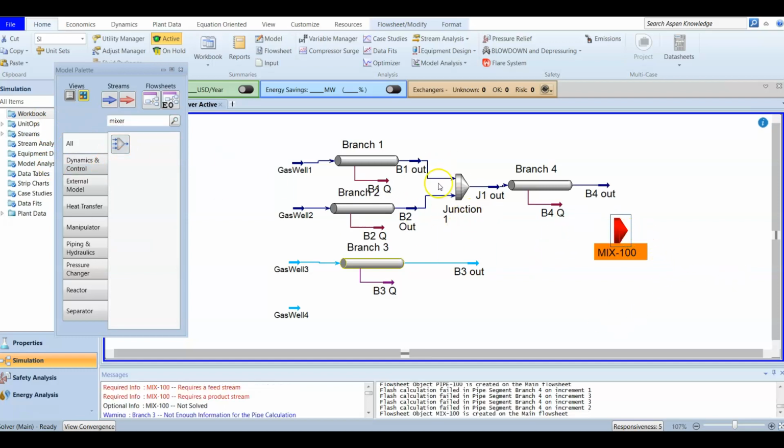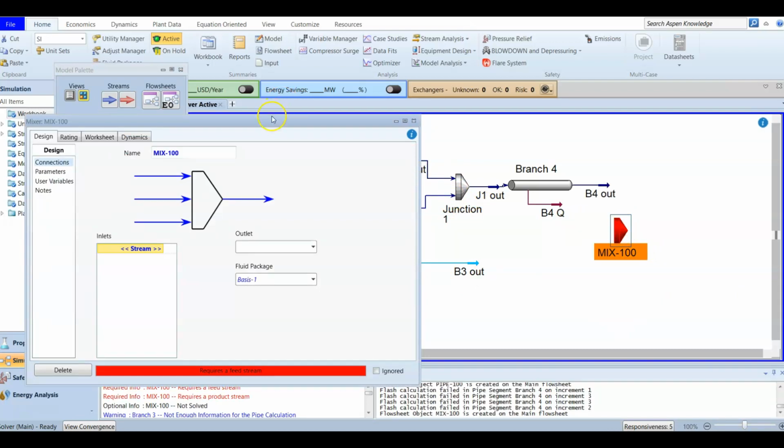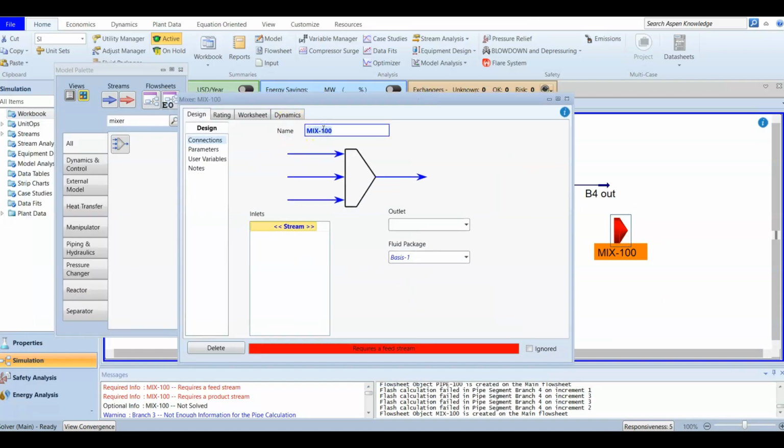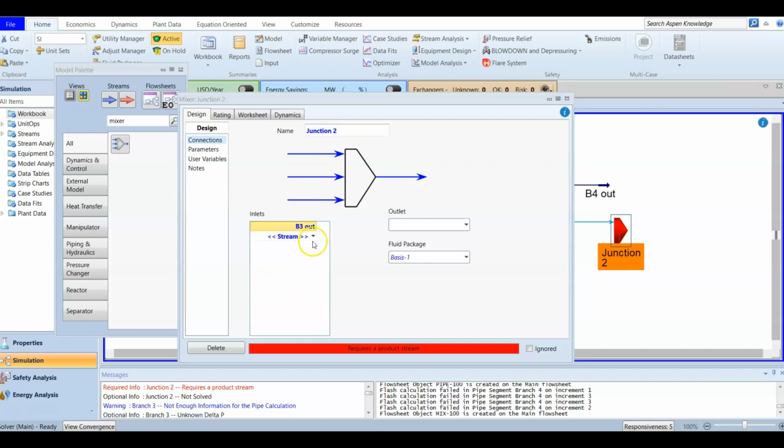I have the first junction here, so this is my second junction number 2. For junction number 2, I have 2 inlets. The first one is the B3 out that I've created, and also B4 out. These are 2 material streams, and the outlet will be my junction 2 out.